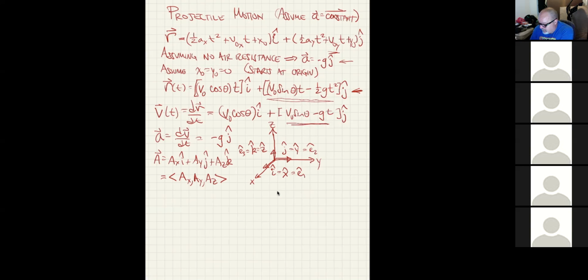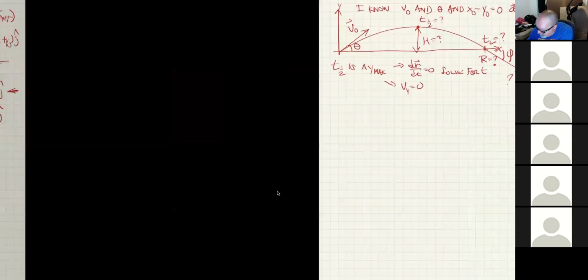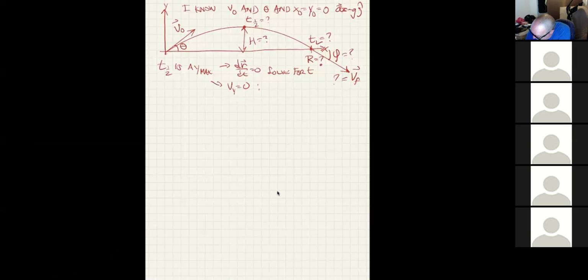That's the same thing as setting the velocity in the y direction equal to 0. So I'm going to choose that. I'm going to say v0 sine theta minus gt is equal to 0.